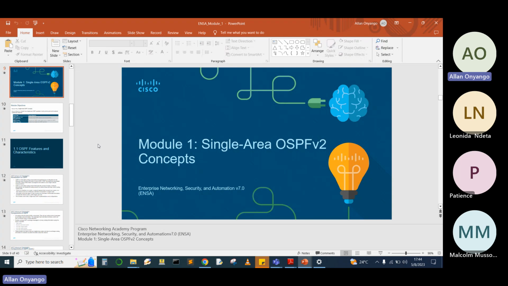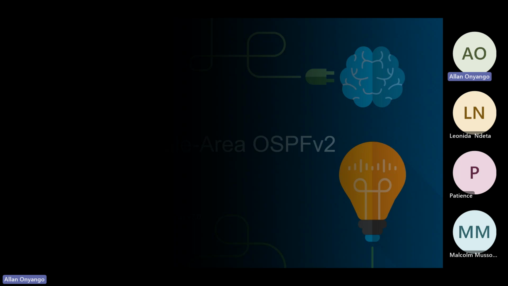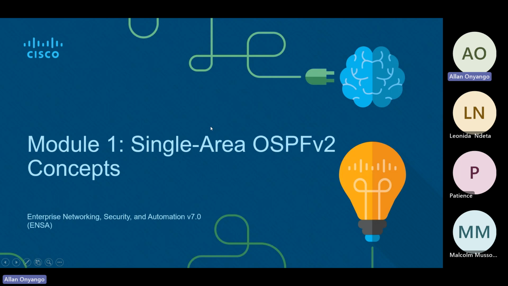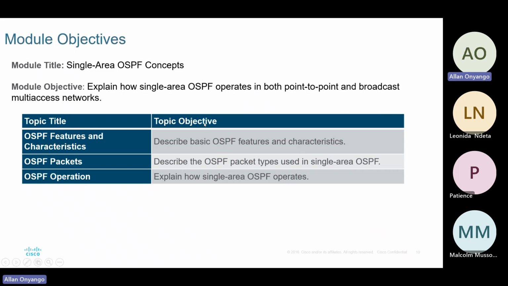Otherwise, let's start with the first chapter here, and we are going to talk about the single area OSPF version 2 concept. Some of the things we expect to study here include explaining how single area OSPF operates in both point-to-point networks and broadcast multi-access networks.